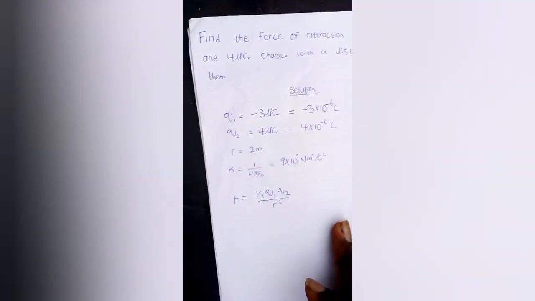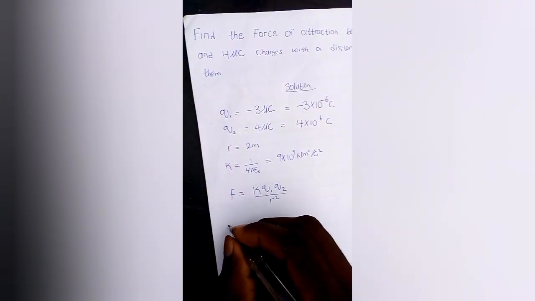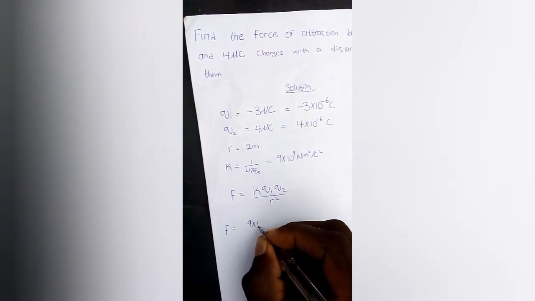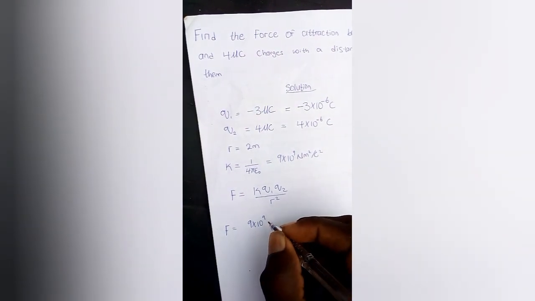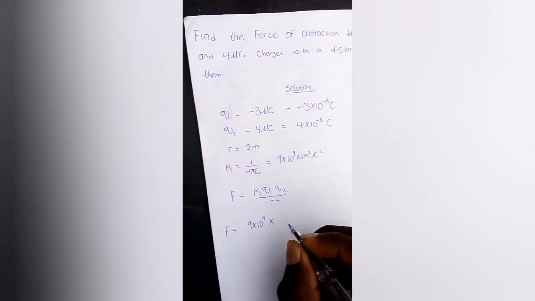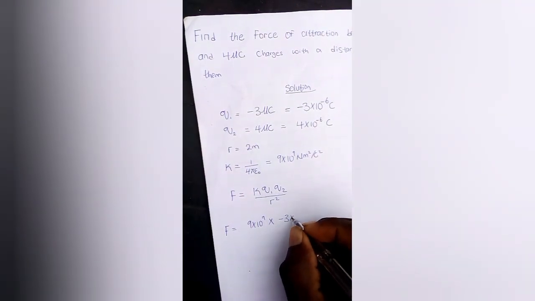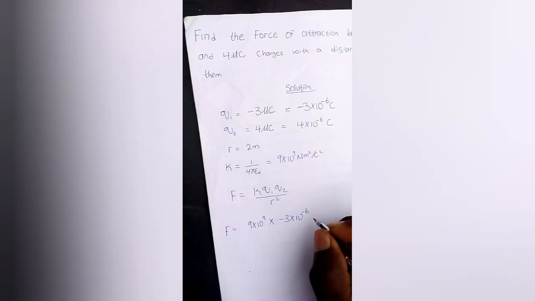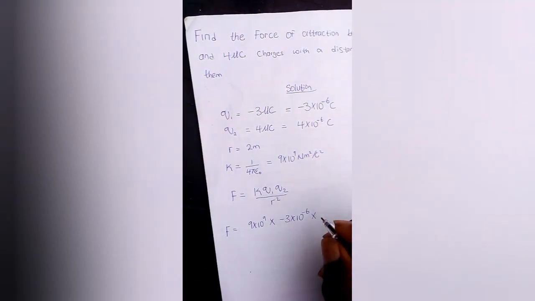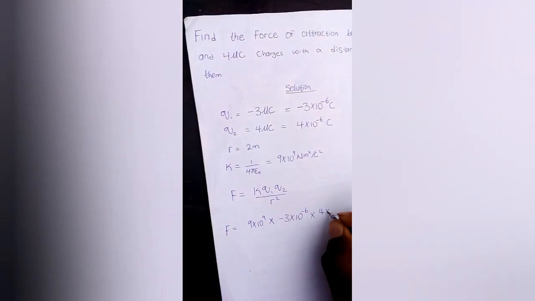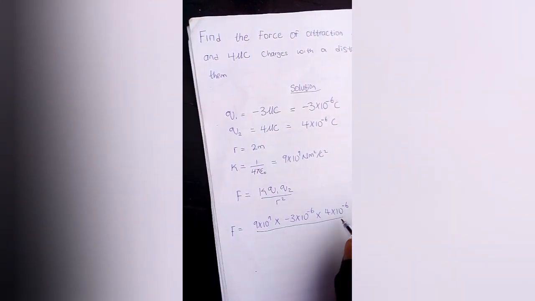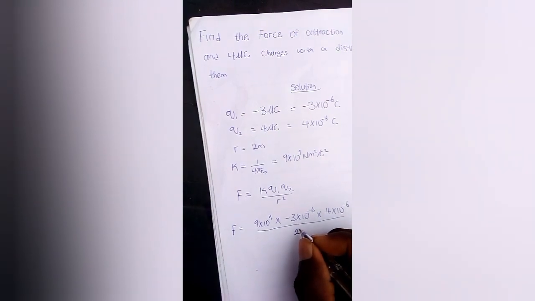So F equals 9 times 10 raised to the power 9, times Q1, which is negative 3 times 10 raised to the power minus 6, multiplied by Q2, which is 4 times 10 raised to the power negative 6, all divided by r squared, which is 2 squared.